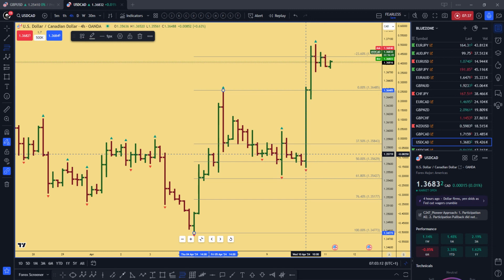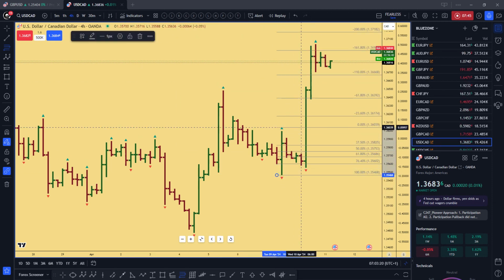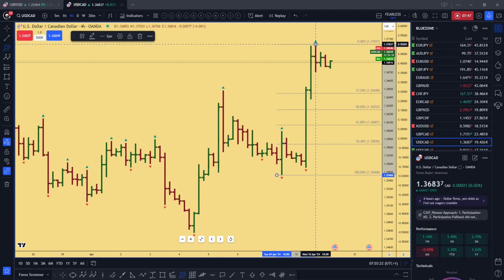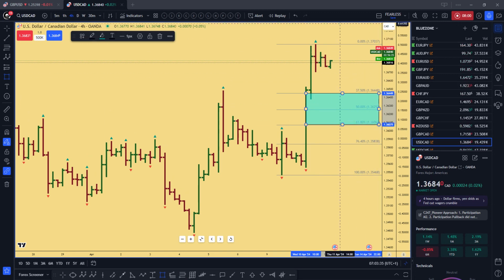And if that's the case, we can delete this Fibonacci and use this low of 2 to the high of 4, and we should expect a pullback into this buy zone. Then we can buy this thing.